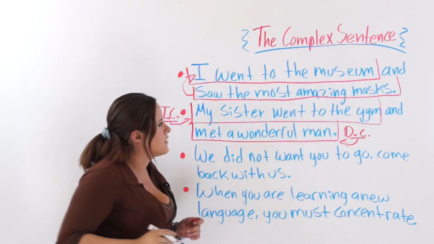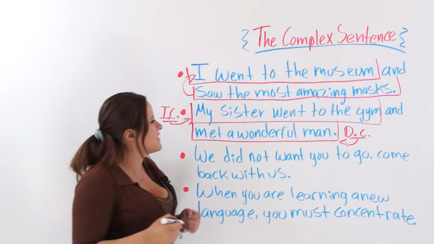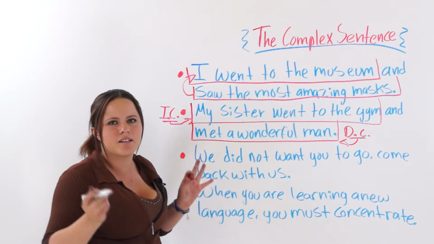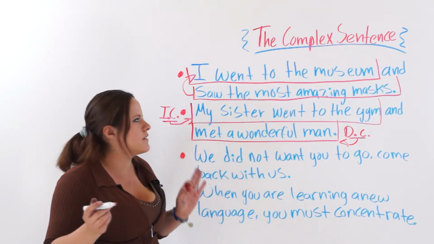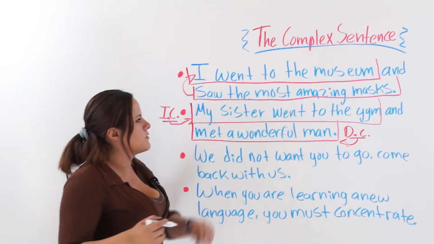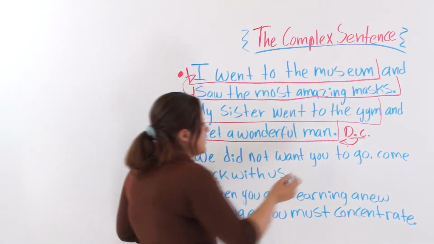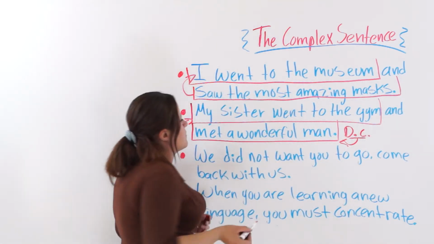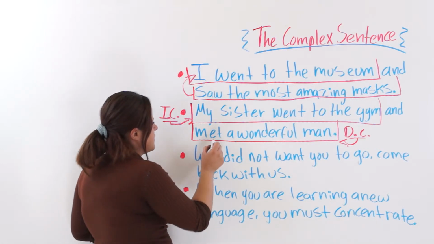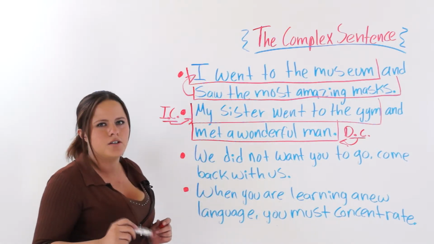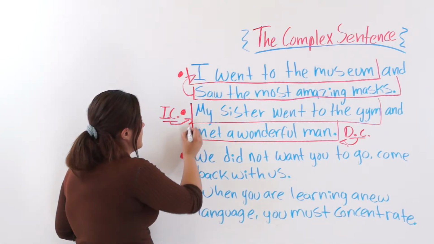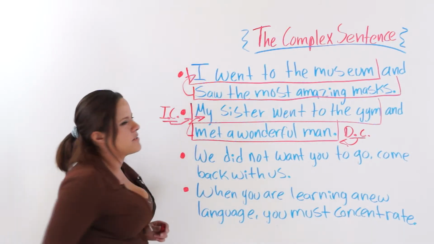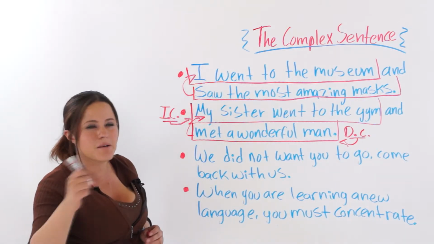My sister went to the gym, period. That could be a perfectly coherent sentence. But we have this complement here, and met a wonderful man. Could this be a sentence here? Met a wonderful man. No, because you would need the subject.